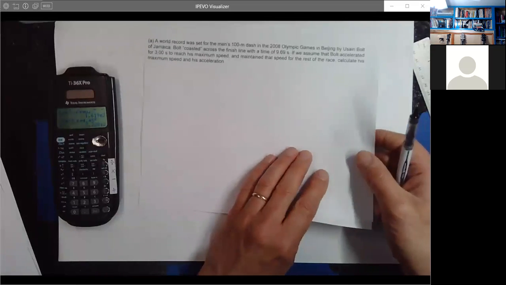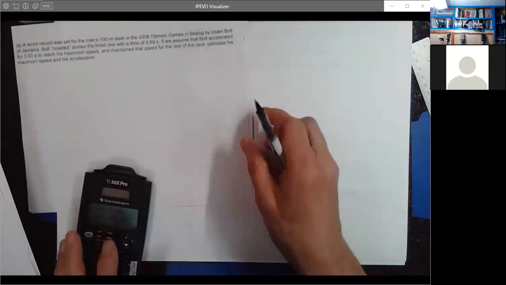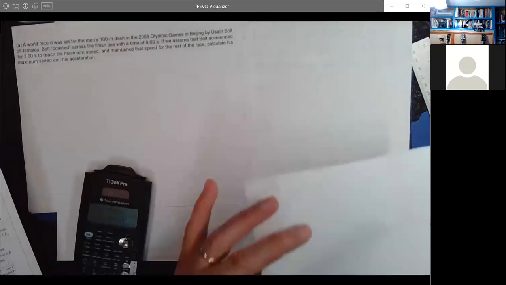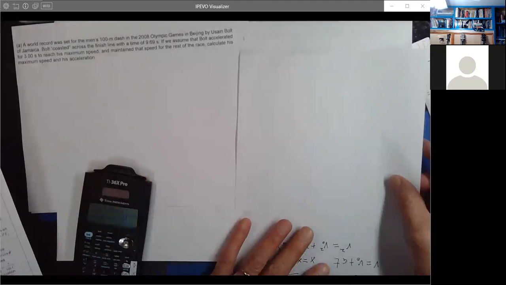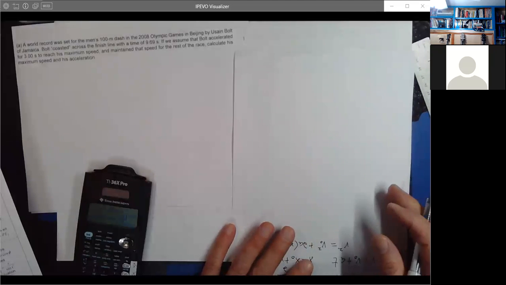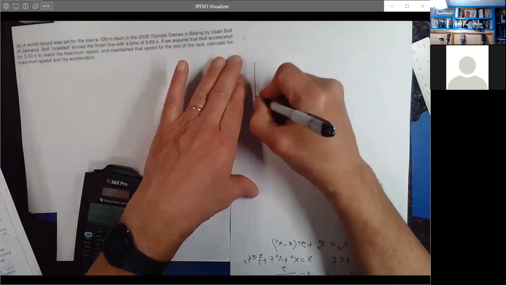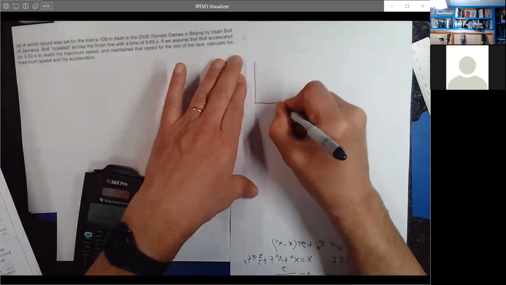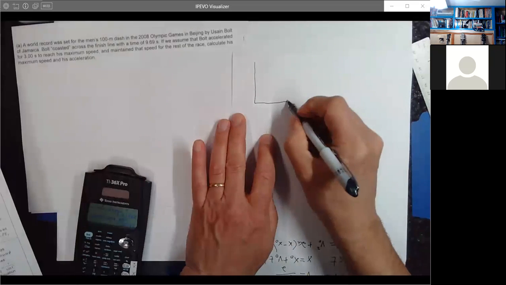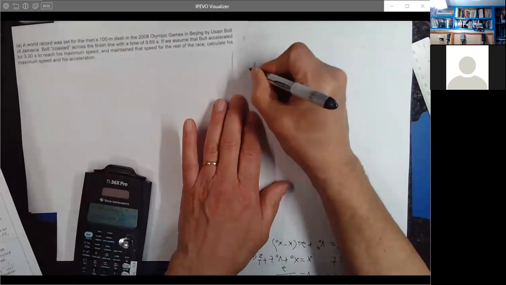And so it's a more complicated situation. What I like to do with something like this is make a sketch of what's going on. One thing that's nice for this is you can make a velocity versus time curve.